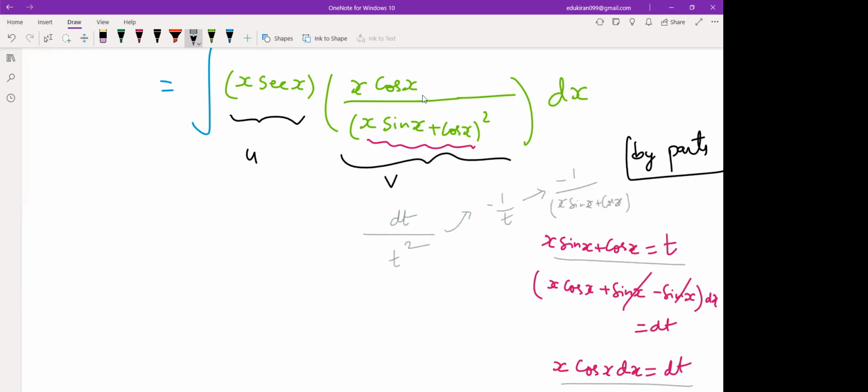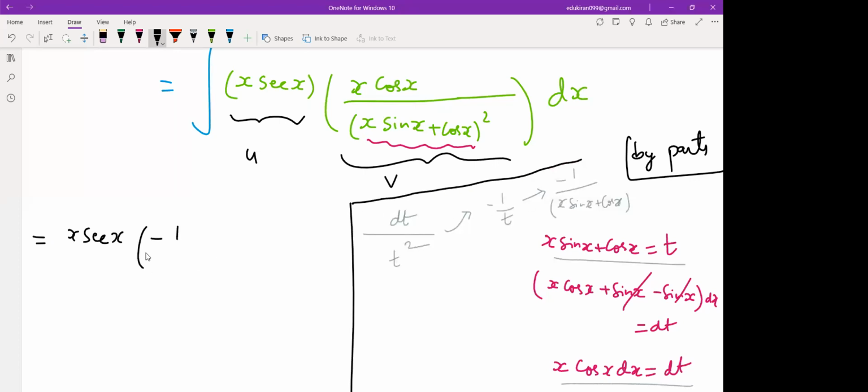This will be its integration. So if you do this, this is the first function x sec x, and the integration of the second function, as you have seen here, is minus 1 by x sin x plus cos x.